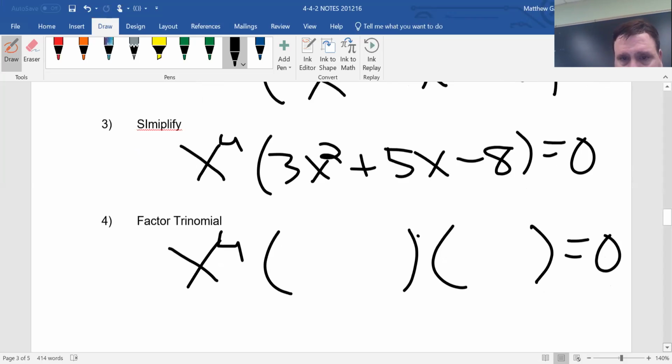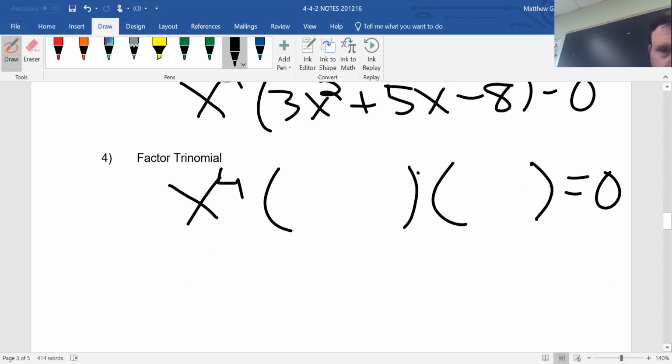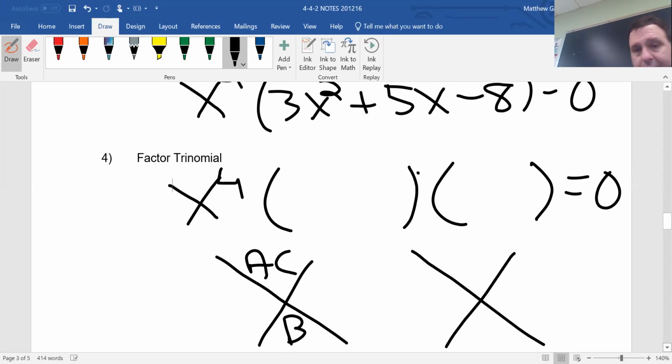Remember we go A times C and B. I didn't have to emphasize A times C yesterday because A was 1. So here A is 3, B is 5, C is negative 8.